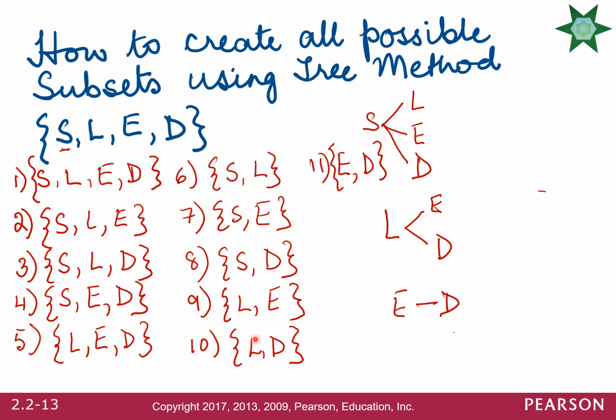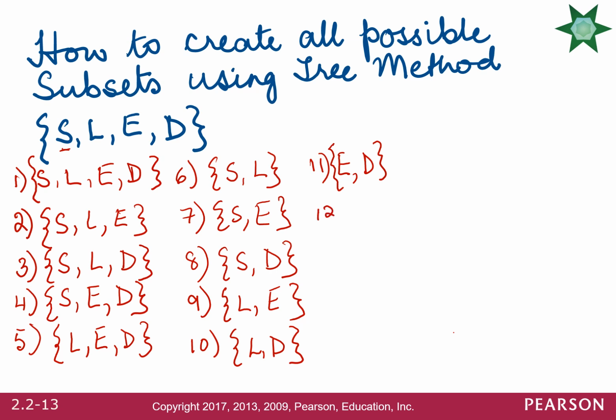So now there will be a set of combinations with 1 element in it, right? Let's erase the trees so we make some space for the other subsets now. So 11 was ED. Now we have to create subsets with 1 element. That's easy. You do not need to create any trees.